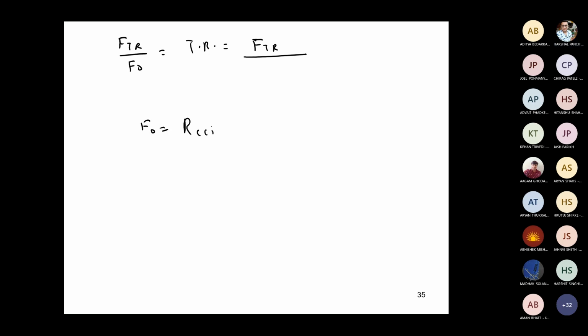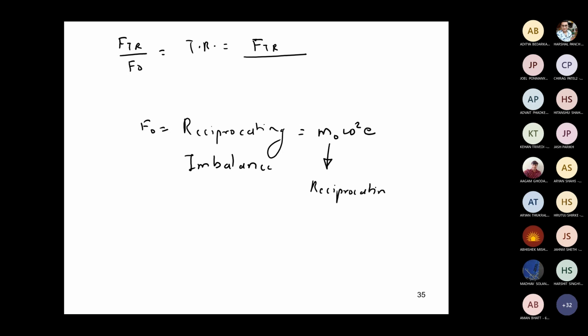So what is the equation for reciprocating imbalance? It is similar to the rotating imbalance. It is the same equation, in fact, m0 into omega square into E. But here m0 is the reciprocating mass, which in our case is how much? 10 kg.